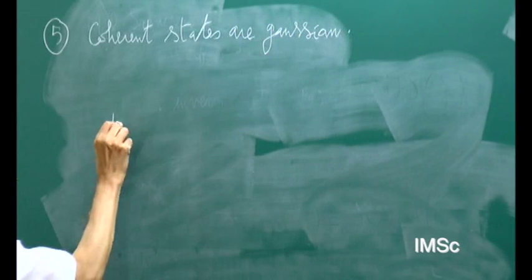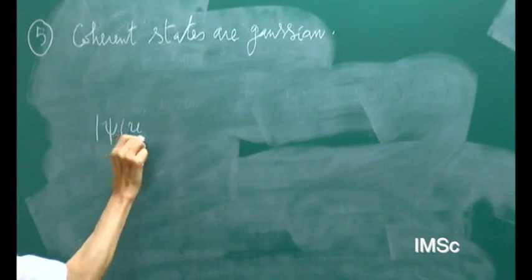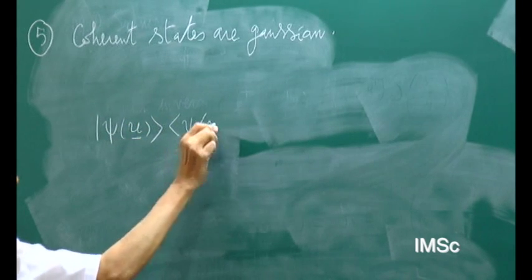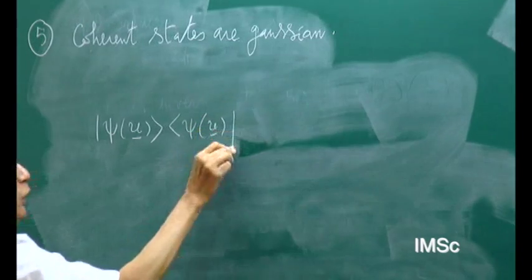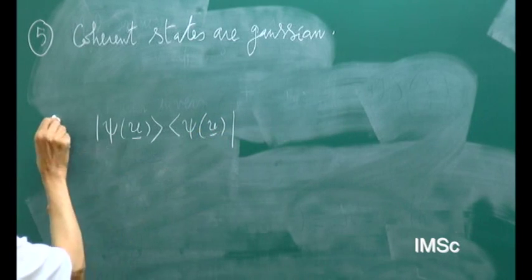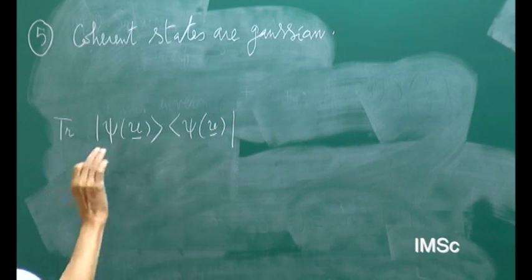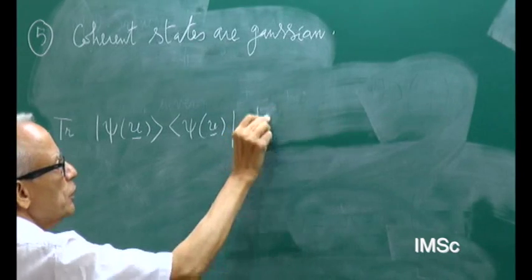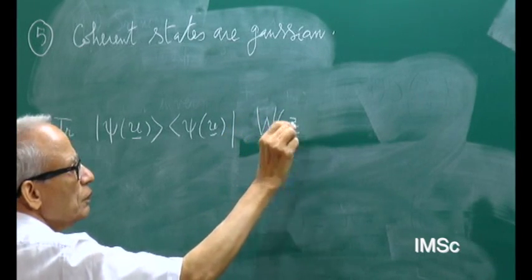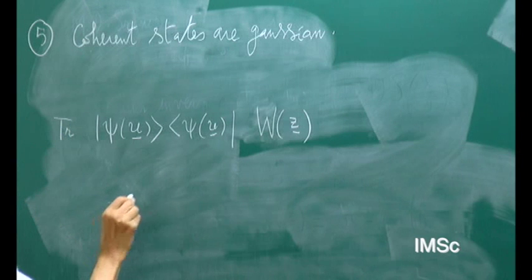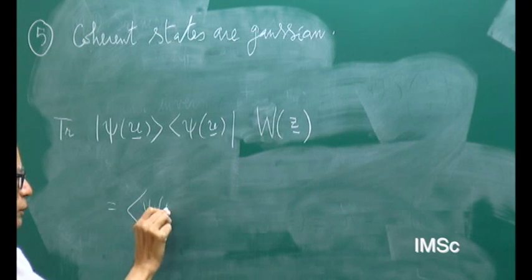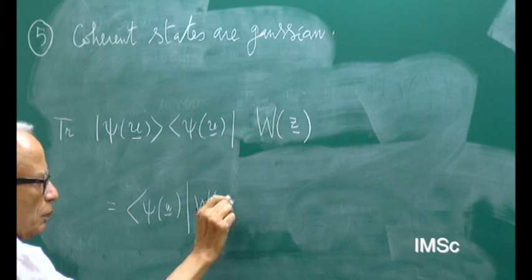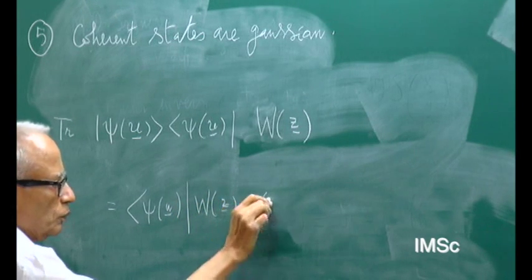Namely, if you take CU, and if you compute its Wigner transform, namely the quantum Fourier transform, this multiplied by WZ, this is nothing but CU, WZ multiplied by CU.